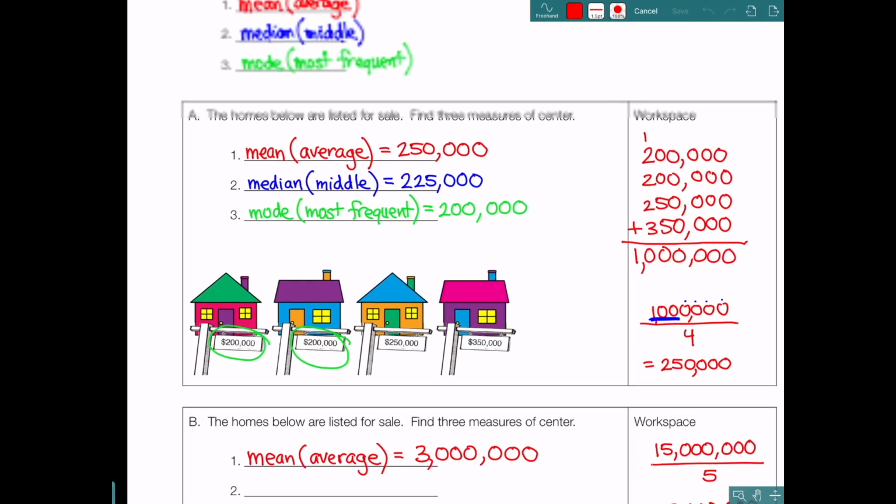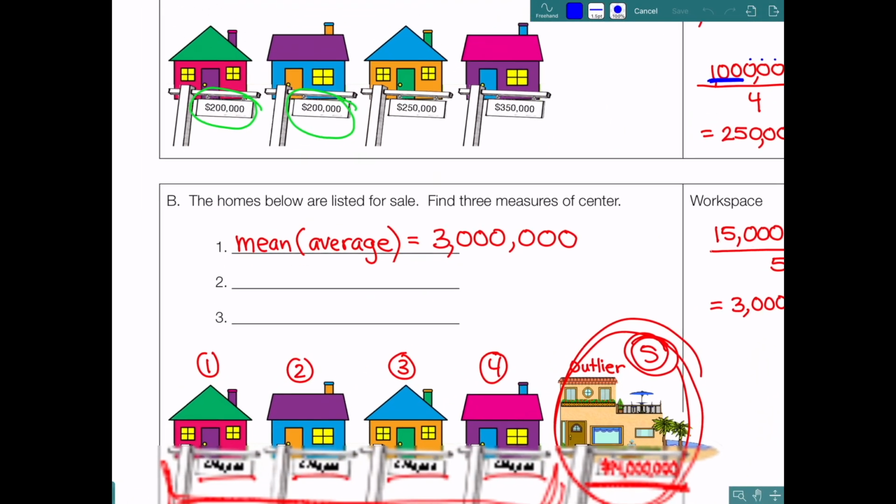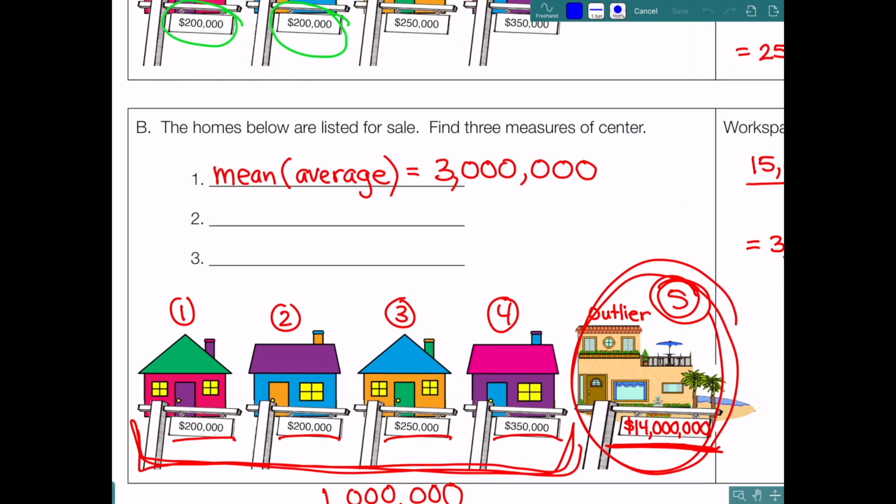So another way that we can measure the center is by using the median. So let's go figure that out now. And median just means middle. So write down median. Median just means middle.